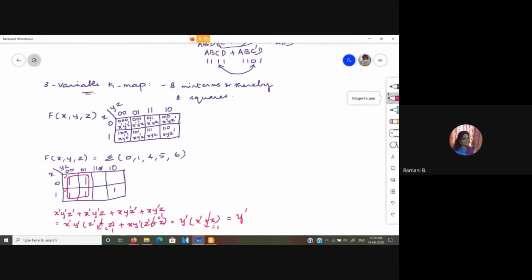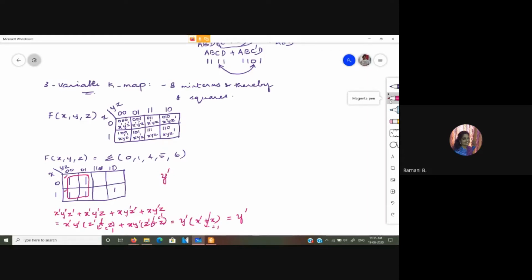We are having that variable changing, so we cannot write it. Now check with y and z. Here in both of these columns, you have y is equal to 0, whereas z is 0 in one column and 1 in the other column. So whichever variable does not change, that will be your expression. So y is equal to 0, so you write it as y bar.